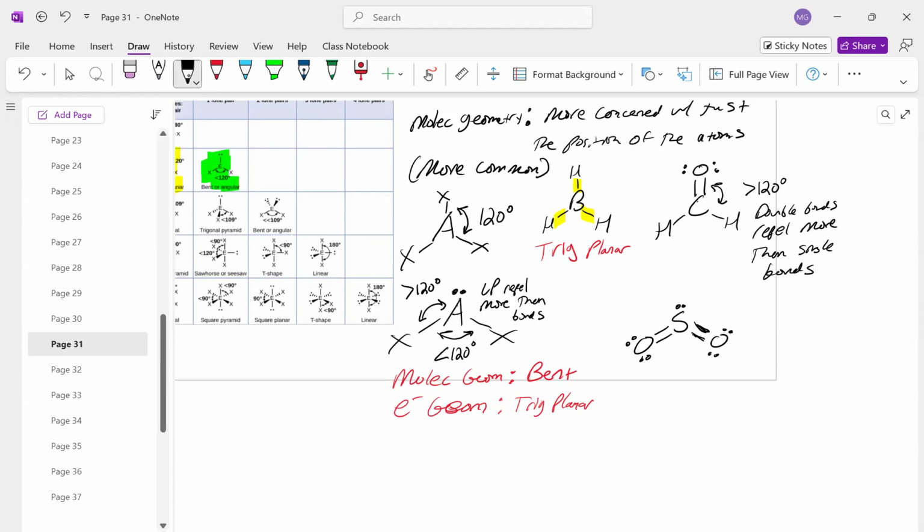If you predict the incorrect shape, then you are probably going to predict the wrong properties and reactivities. So notice here in sulfur dioxide, there are three regions of electron density. And since one of those regions is a lone pair, we would say the geometry for sulfur dioxide is bent.